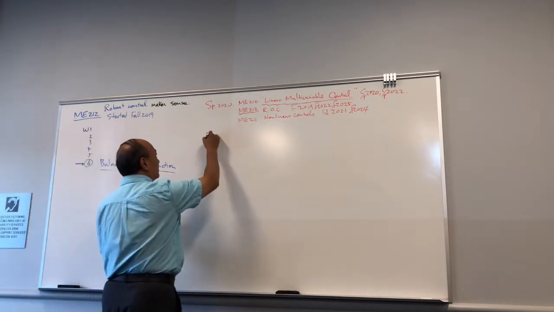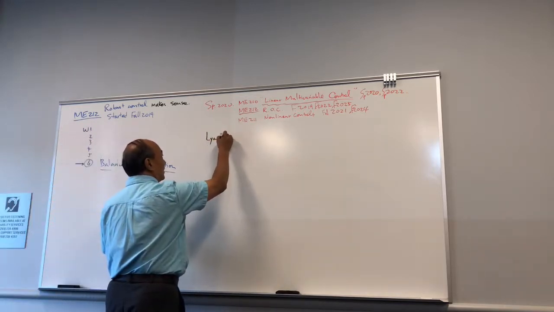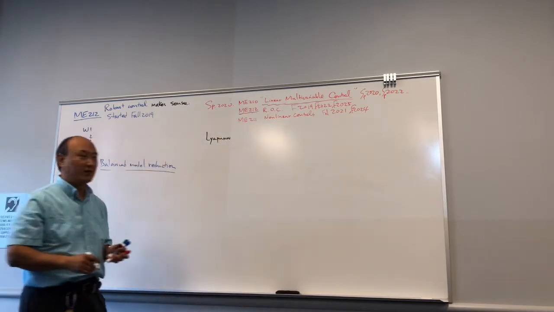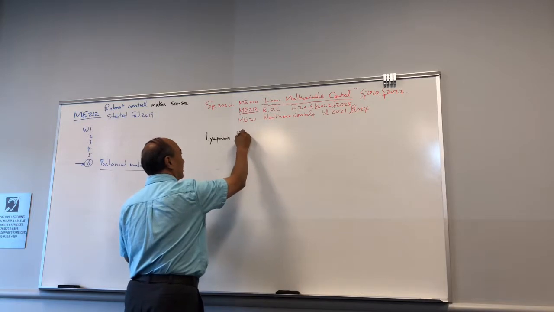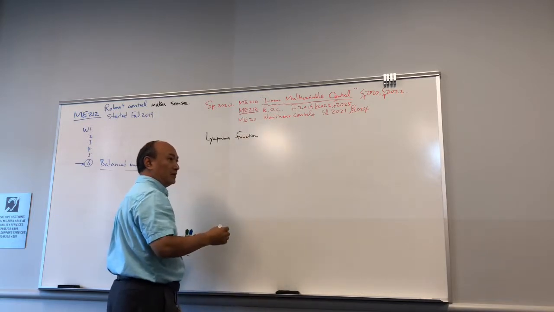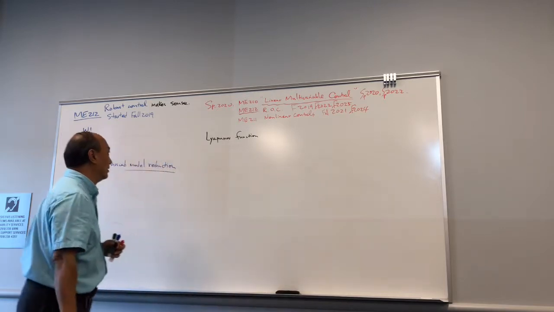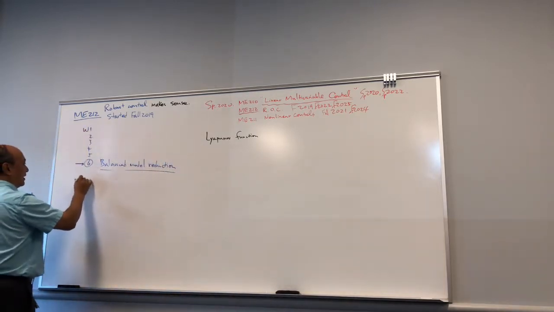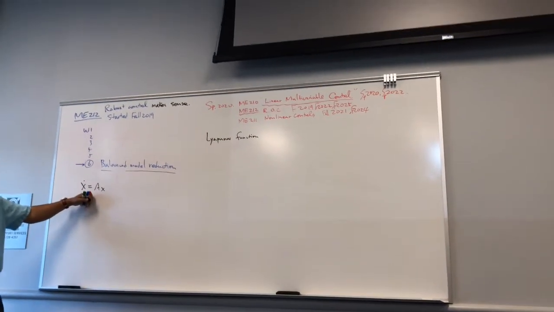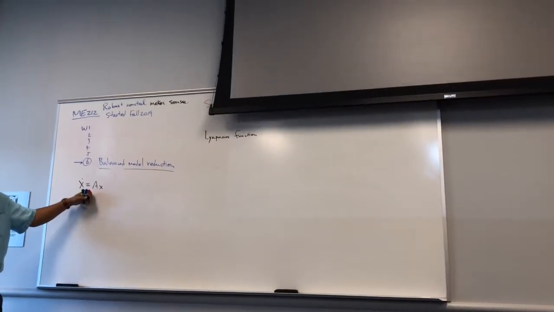I hope you are familiar with the Lyapunov function idea, okay? So what we do is I have x dot is Ax, okay? So when can we see whether the system is stable?